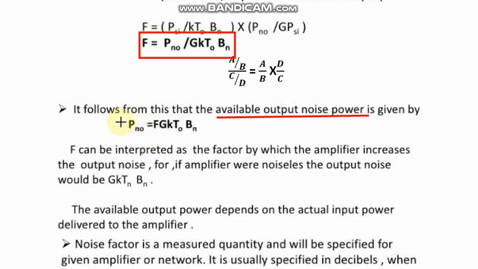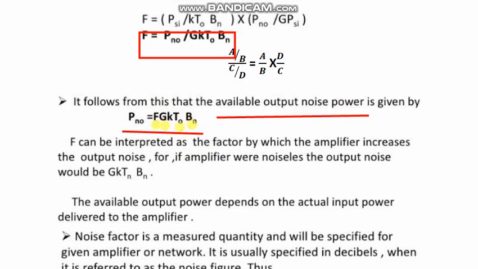This formula you have to remember, which has noise factor, gain, noise bandwidth, and this is room temperature. You can see in detail that the noise power is related with noise factor, gain of the circuit, and bandwidth. So all these terms are interrelated. Okay, let us move.